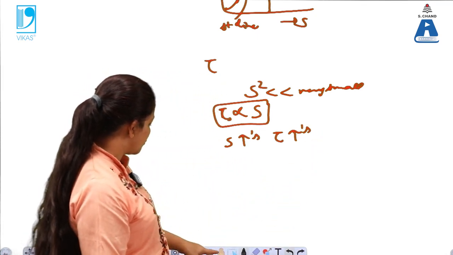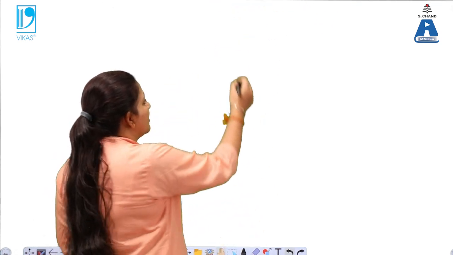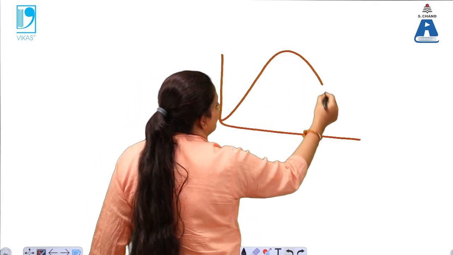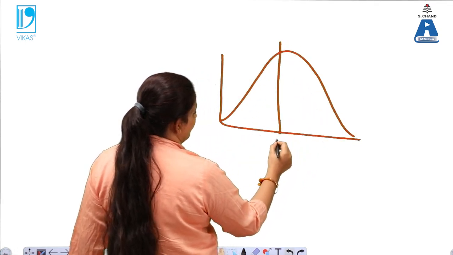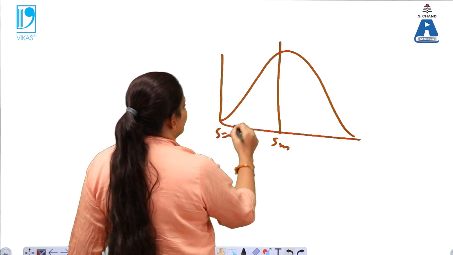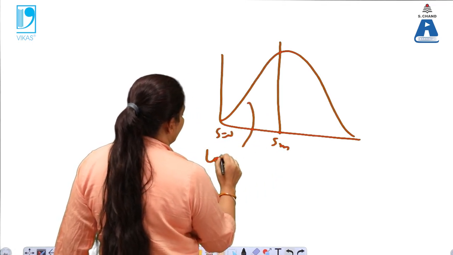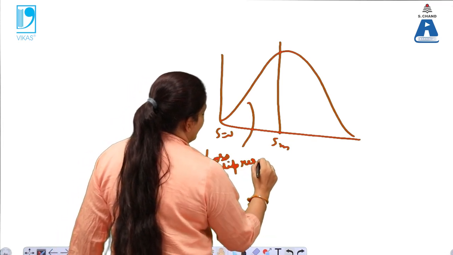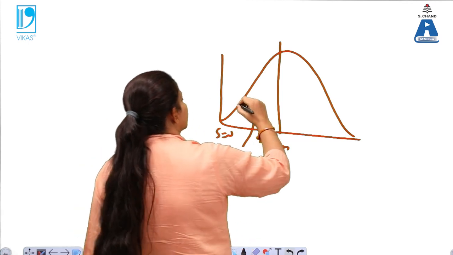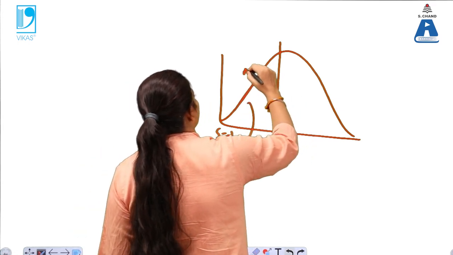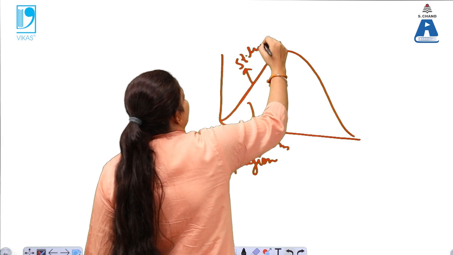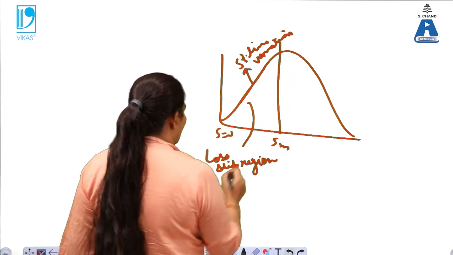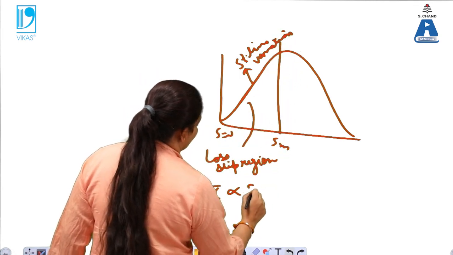This can be clearly shown from the graph. This is called the low slip region. Here this is almost a straight line variation. So torque in this region is directly proportional to S.